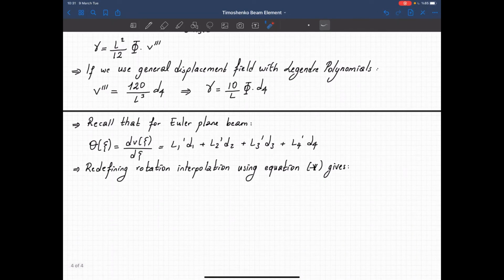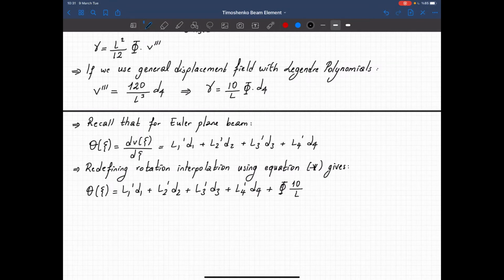In that case, my rotation interpolation becomes equal to L1 prime d1 plus L2 prime d2, L3 prime d3, L4 prime d4 plus shear slenderness 10 over L multiplied by d4, and that's my rotation interpolation. So by using that interpolation, let's take a look at the displacement transformation matrix, or G.